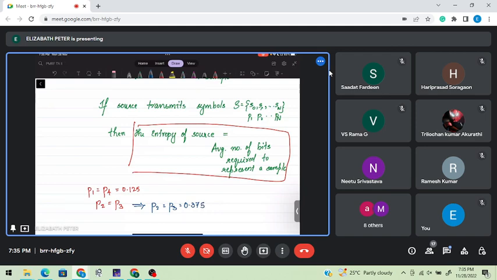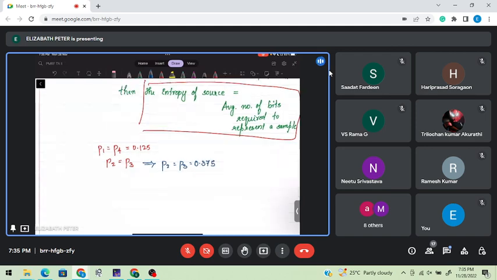Okay. And next question to you. How do we find the entropy of a source? We know that the source transmits 4 symbols with the following probabilities. So, how do we find its entropy?